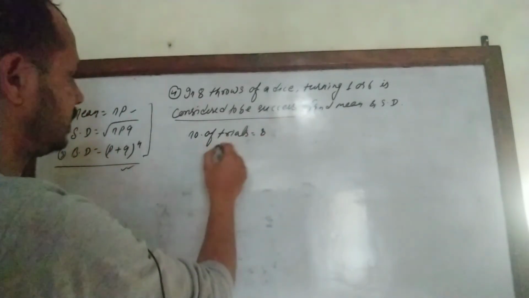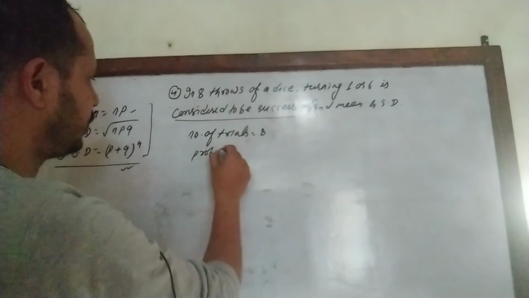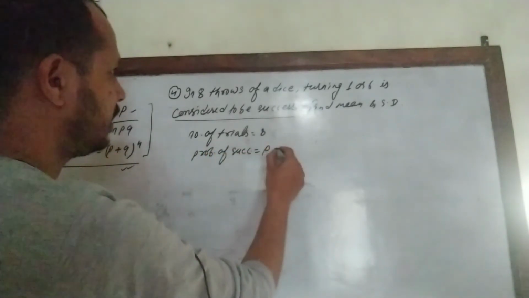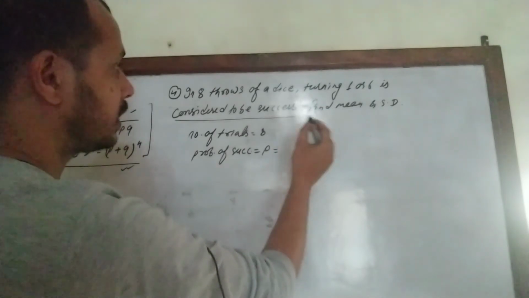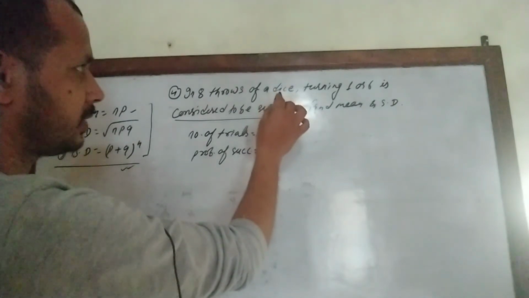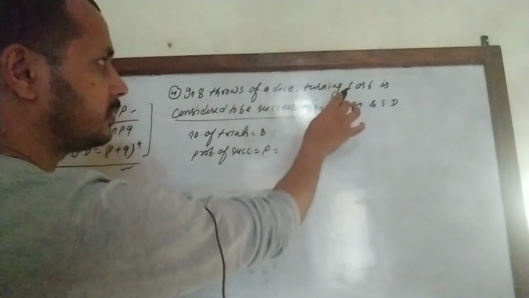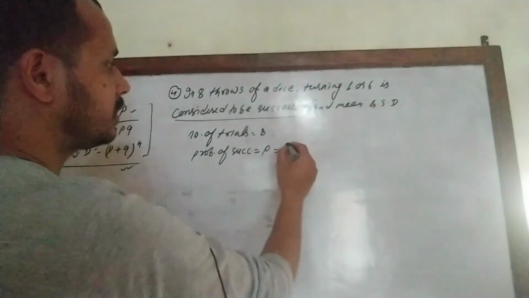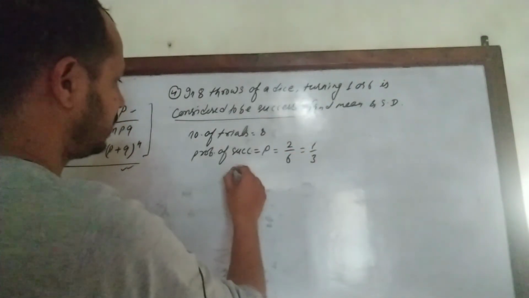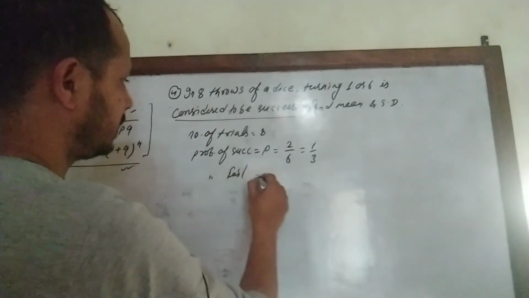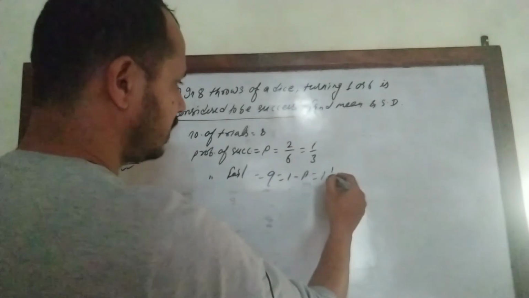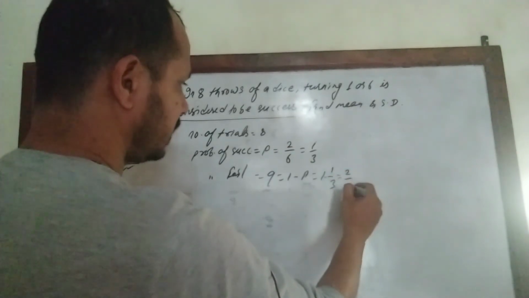The probability of success p, getting 1 or 6: out of the total sample space of a dice, there is only one 1 and only one 6, so this will be 2 out of 6, which is 1 by 3. And the probability of failure q is 1 minus p, that is 1 minus 1 by 3, which is 2 by 3.